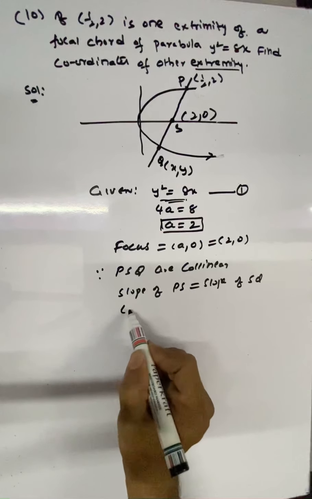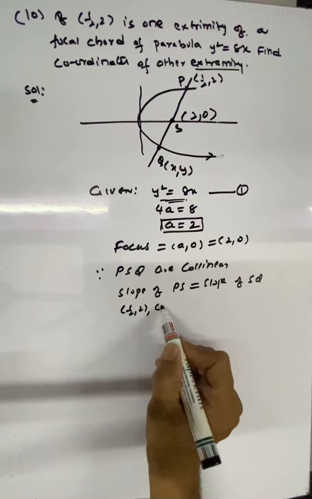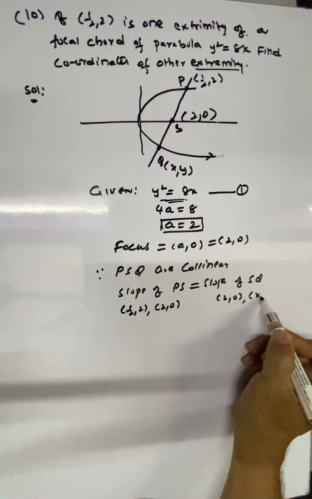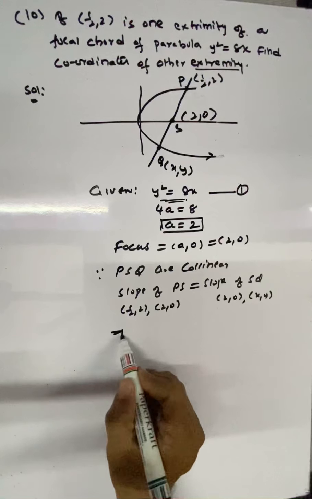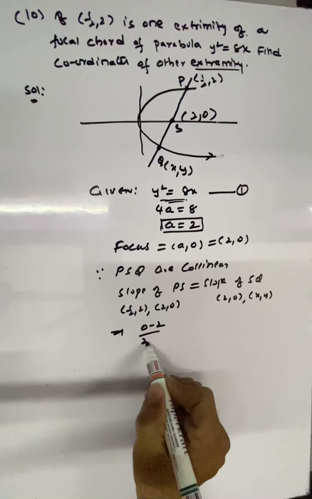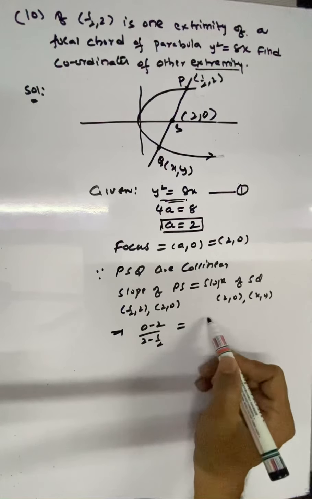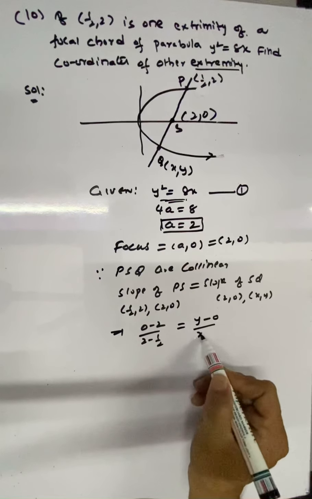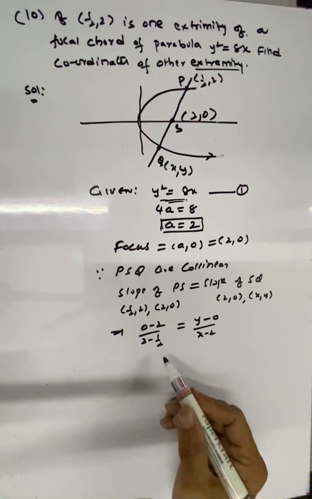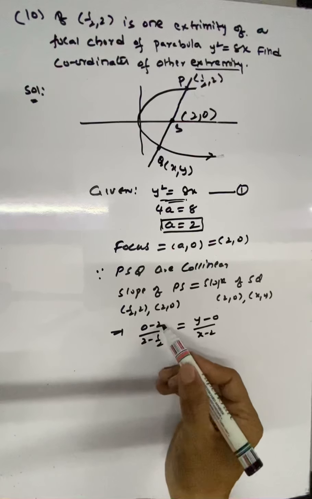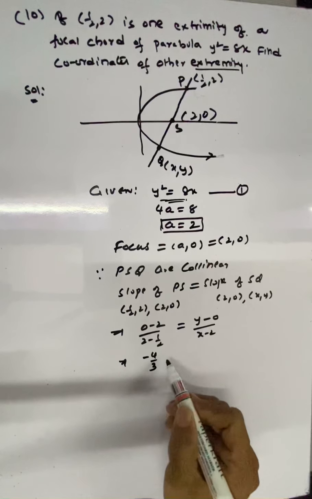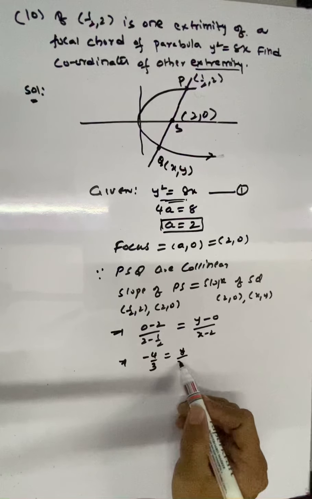For slope of PS, P and S points we have to take, and for SQ, S and Q points we have to take. Now slope formula, y2 minus y1 by x2 minus x1. Here also the same thing. This is (4 minus 1)... minus 4 by 3 equals y by x minus 2.